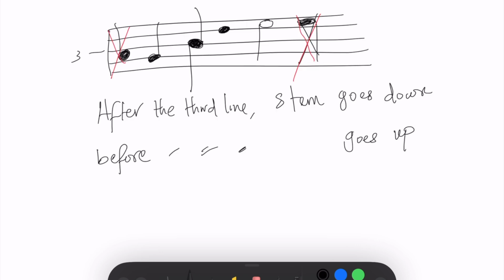And lastly, let's look at the relationship between these notes. So we have breve would make 2 semi-breves, like an egg. And 2 semi-breves will make two minims.